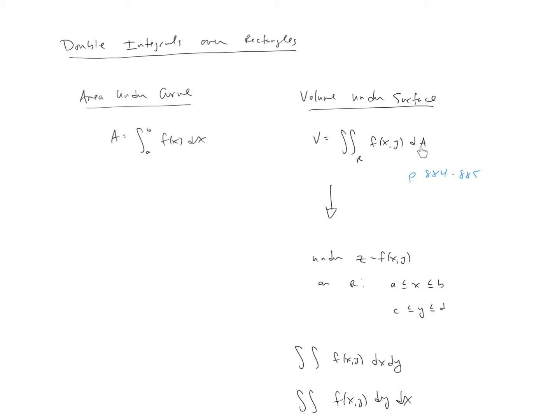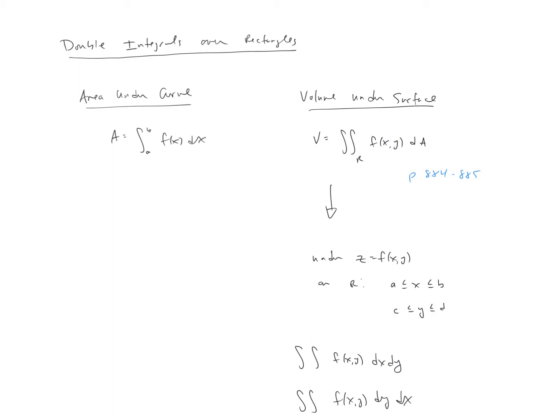So that dA is going to be some combination of dy dx or dx dy. The decision is most of the time up to us, especially when we have rectangular regions and these are all constants. We haven't computed a double integral yet, but it's very, very straightforward.